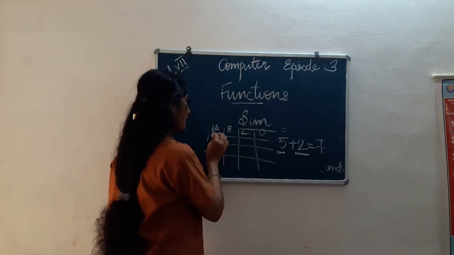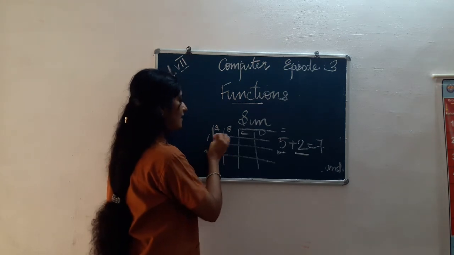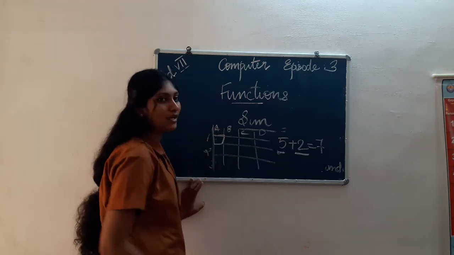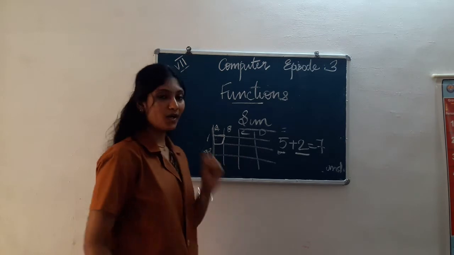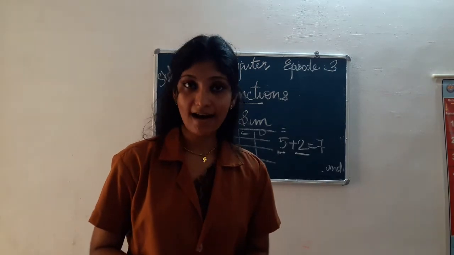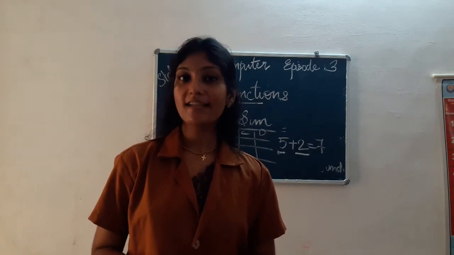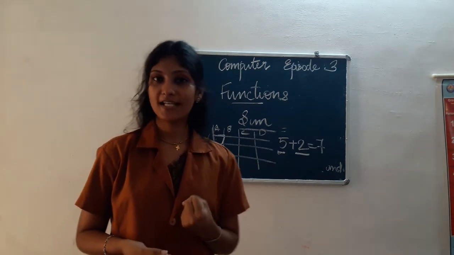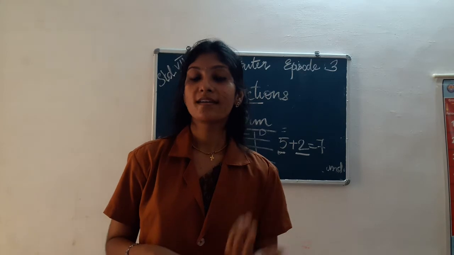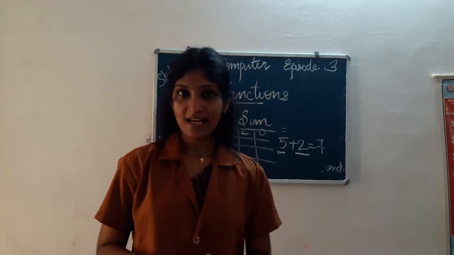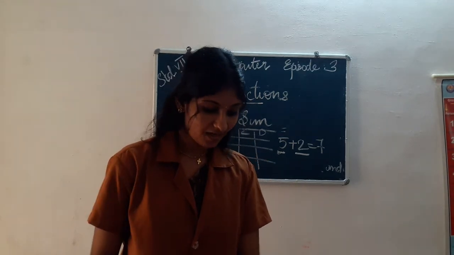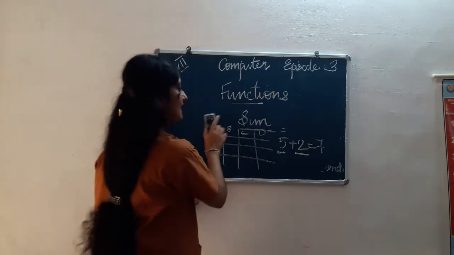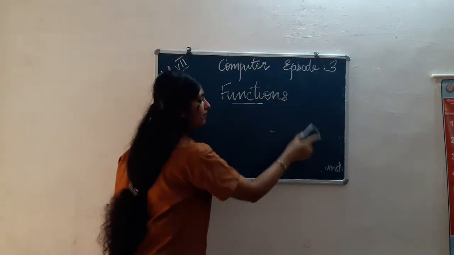So in whichever cell you have typed, in that cell you get the result. So what is a function? Functions are special pre-written instructions and formulas that accept input as values and also return the result in the cell in which they have been typed. Right? And then next, the syntax of a function.